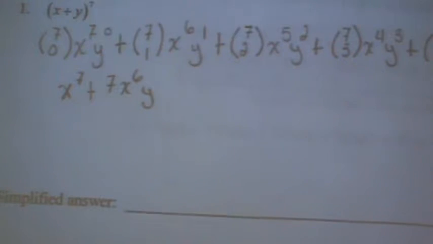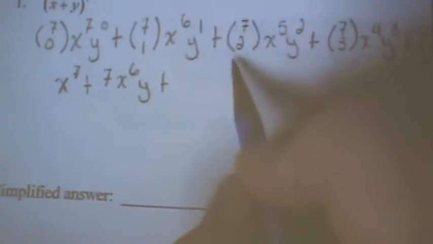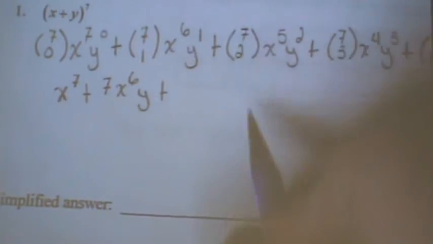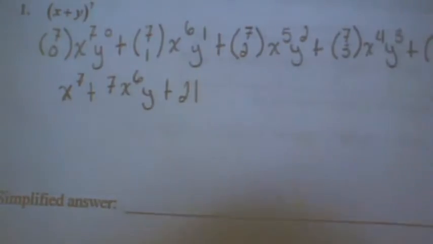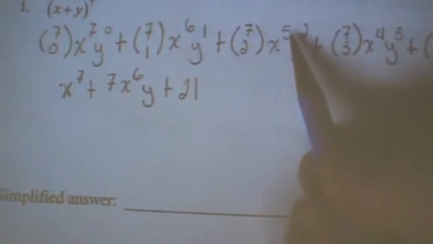Y to the 1st is just y, so you end up with 7 x to the 6th y. For your next coefficient, you're doing this combination. This combination gives you 21, and then it's 21 times x to the 5th y squared.